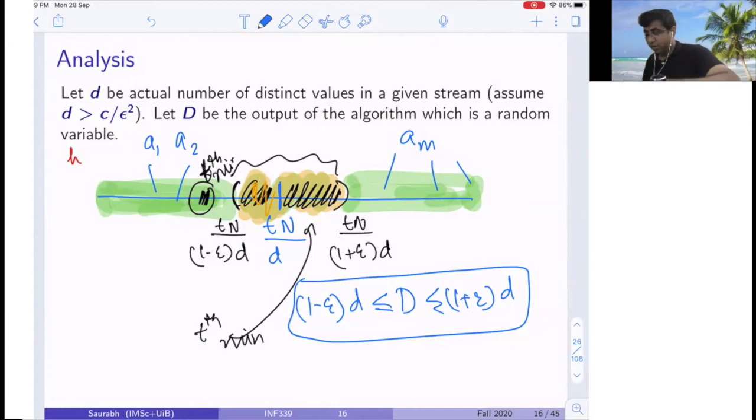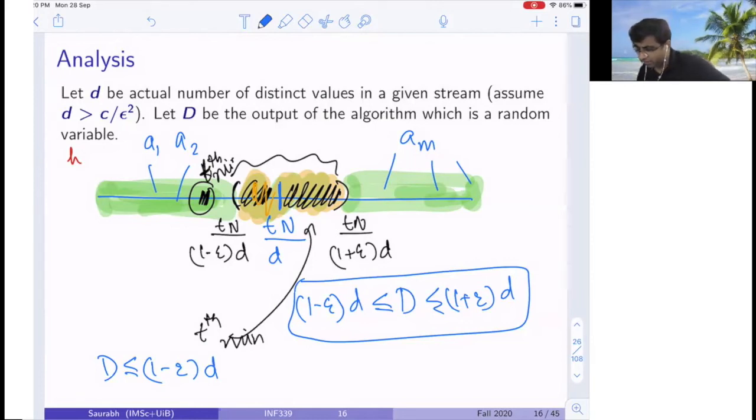Or in other words, what is the probability that d takes value less than 1 minus epsilon d? So what is the probability that d is less than 1 minus epsilon times d?